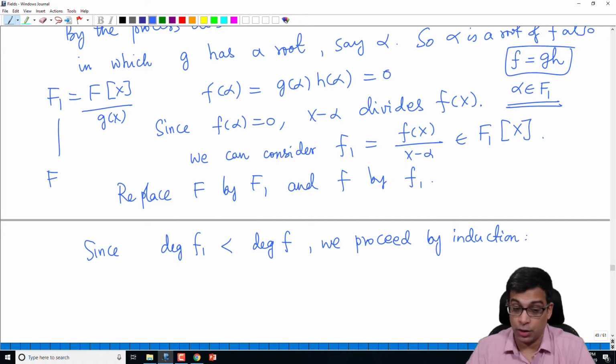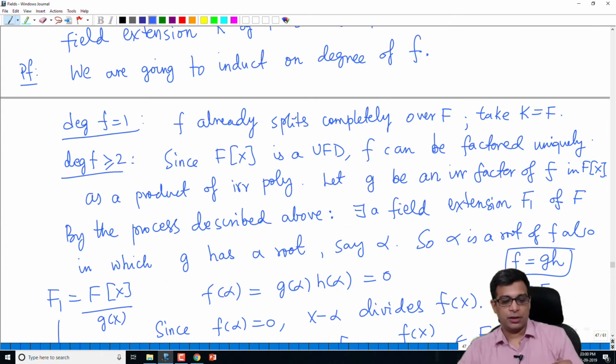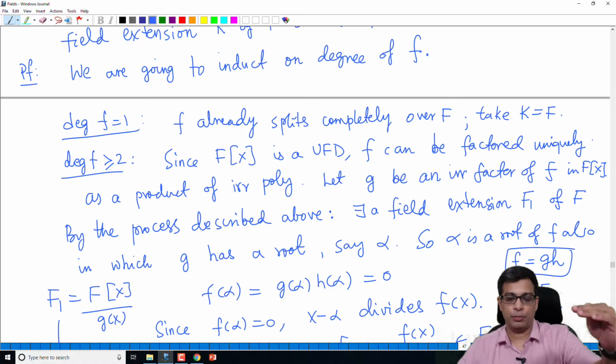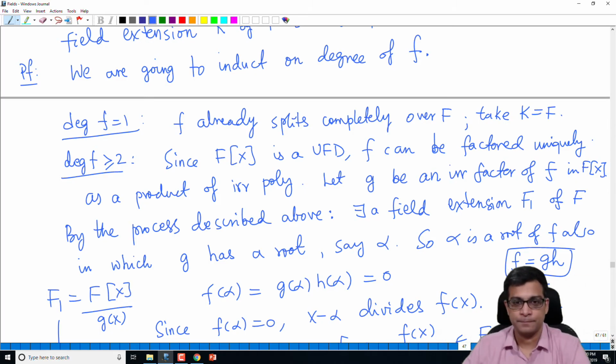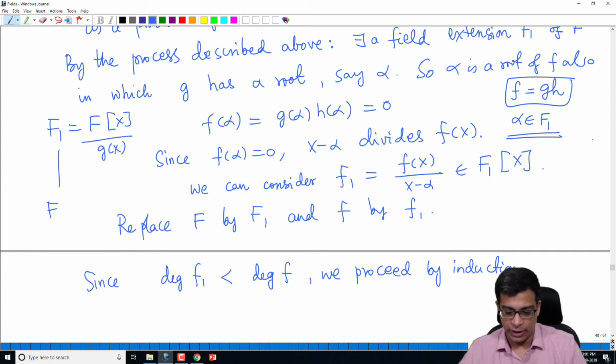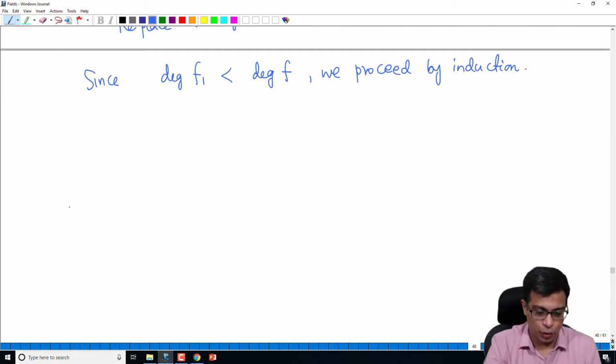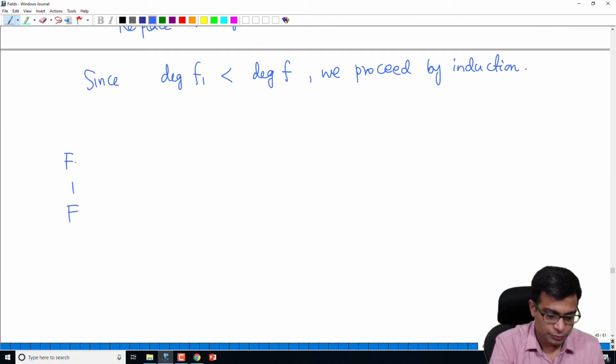Remember, we are inducting on the degree. So that means for any polynomial whose degree is less than degree of f over any field, we can construct a large enough field in which the polynomial splits completely. So we can go from f to f1.